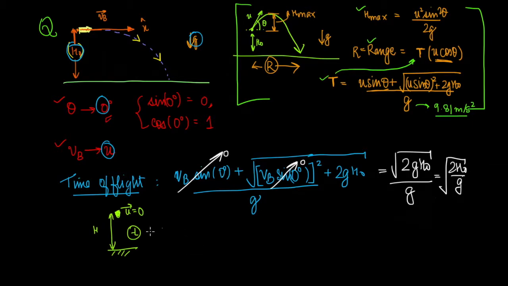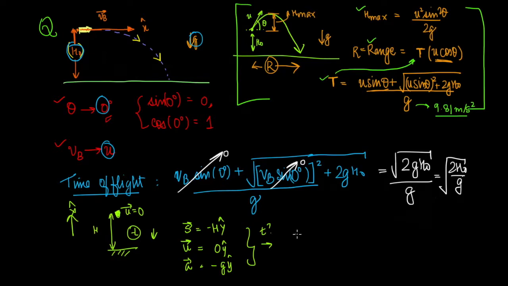Let's try that. If the ball is falling down, then the displacement vector would be minus h y cap. The initial velocity vector is 0, so we don't need to specify any direction vector because that will just cancel out. Acceleration would be minus g y cap, because it points in the downward direction. So use these three pieces of information and get t.